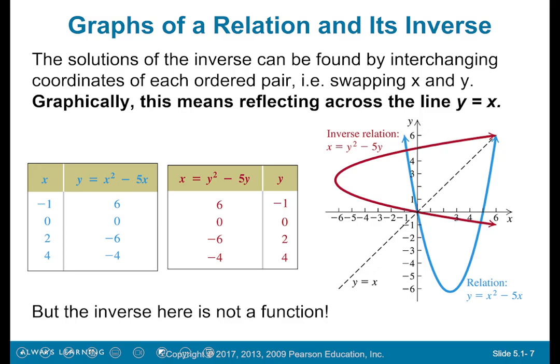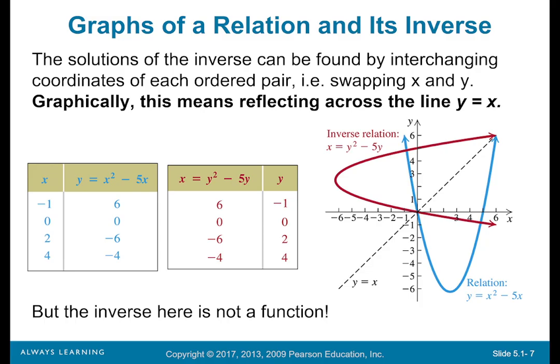Now let's see a more complicated graph here. Remember, every time we want to find an inverse, we flip the x and y. And so something like negative 1, 6 becomes 6, negative 1. And then the rest of the table follows suit. Now, when you look at the graph, we go from something like this blue line, y equals x squared minus 5x.